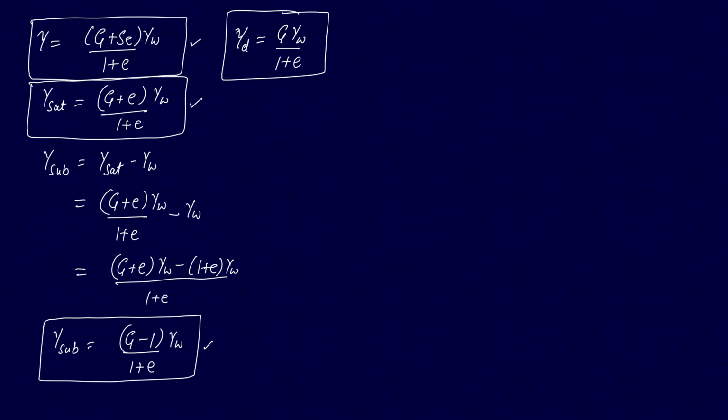Now let us move ahead to the third formula that I want to derive here, gamma D equals to gamma upon 1 plus W. So for that, I again want to write the gamma formula, that is weight of water plus weight of solids upon volume of soil.